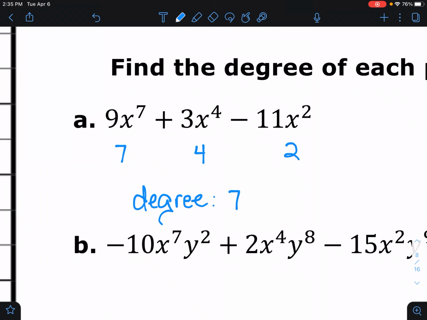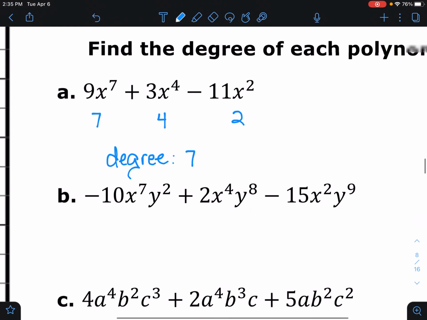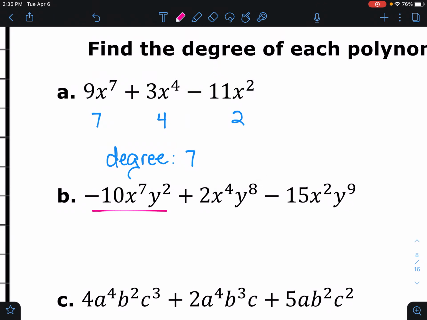Now, people are tempted to add these together. Each one of these are separate monomials, so that only applies when you're talking about one monomial, and you'll see what I mean here in this next one. Okay, so now here I have this is a monomial, this is a monomial, and this is a monomial, so three terms. Now, remember, I want to look at their exponents on variables. So this has 2 and 7.